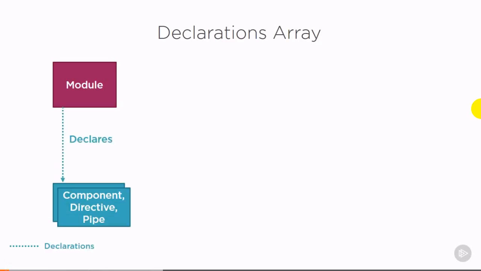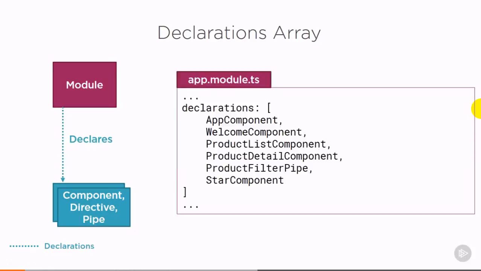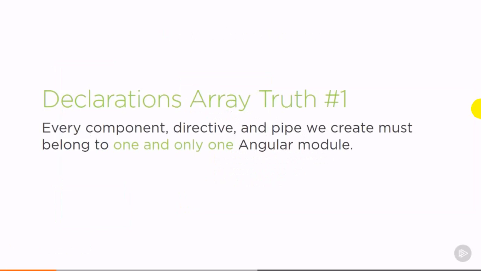Every component, directive, and pipe we create is declared by an Angular module. We use the declarations array of the ng-module decorator to define the components, directives, and pipes that belong to this Angular module. Here are some things to keep in mind when using the declarations array. Every component, directive, and pipe we create has to belong to one and only one Angular module.